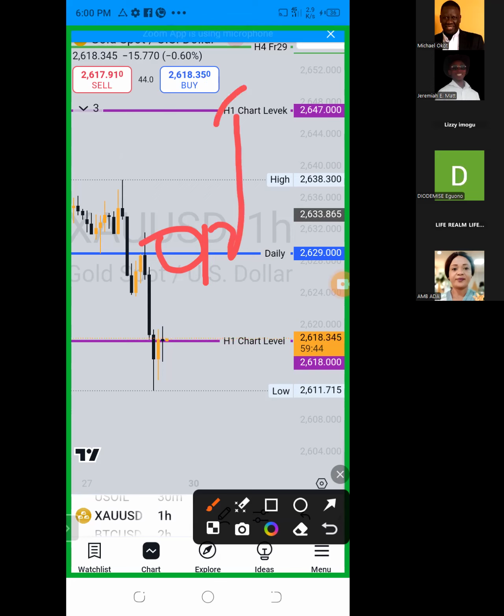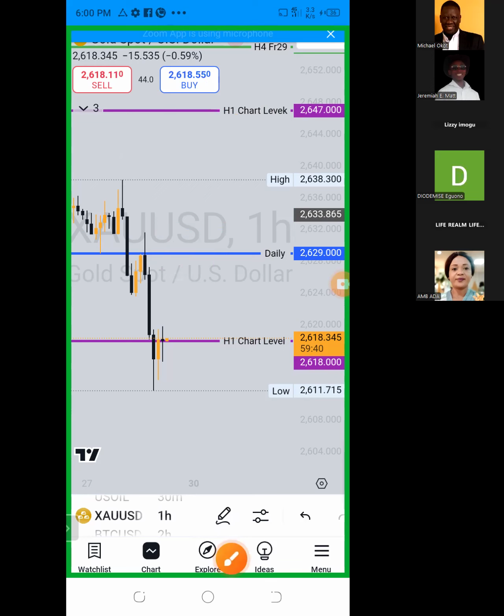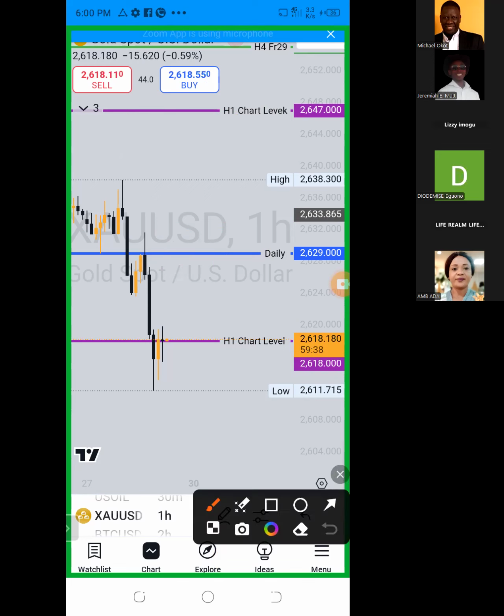I've already done my homework. But the second possibility is price can come to this previous supply level and then break through. This breakthrough is what I told you yesterday, a breakout or a fake out. This particular one that happens here is a fake out.